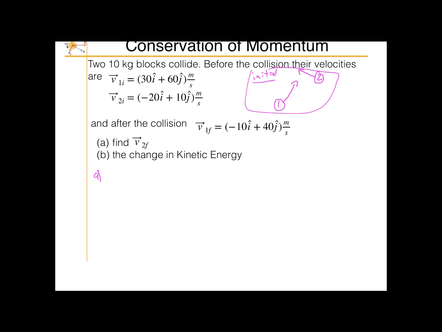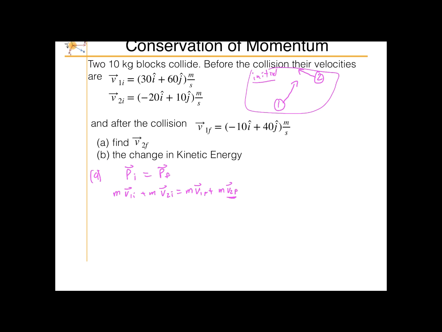Let's do part A first. It's basically just that the initial momentum is equal to the final momentum. In other words, the momentum of 1 initial plus the momentum of 2 initial is equal to, they both have the same mass, so I'm just using m, m V1 final plus m V2 final, right?